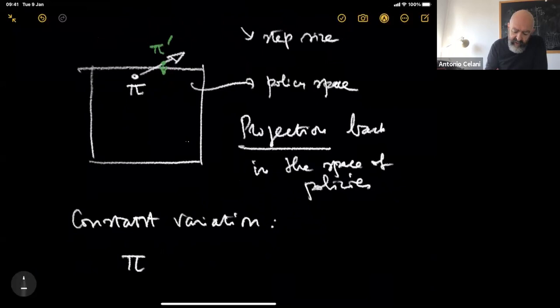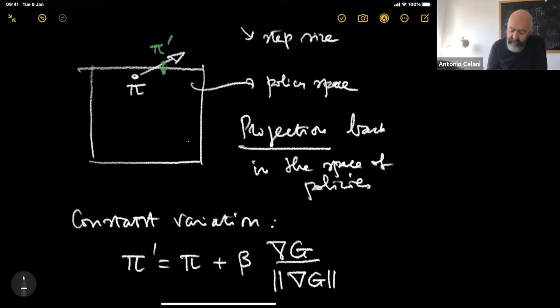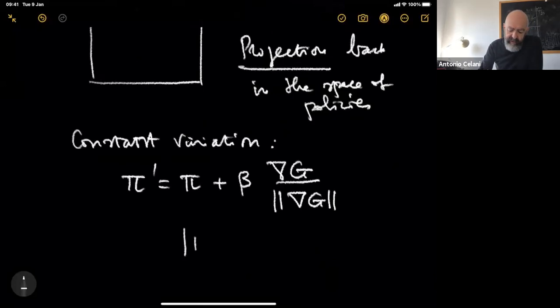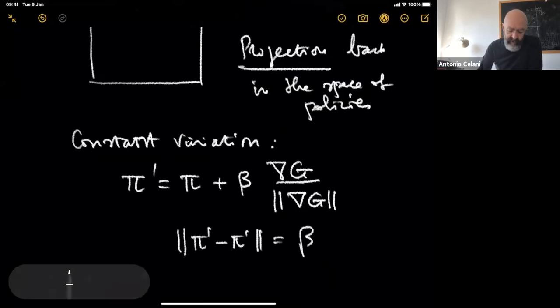The idea is, for instance, you could do, okay, let's use the gradient, but now we use it in a different way. That is, we normalize the gradient by its length. So what is the advantage of doing that? Well, now your parameter beta, you can interpret it as the distance between the previous and the following policy.